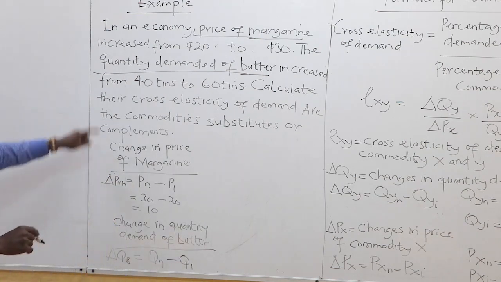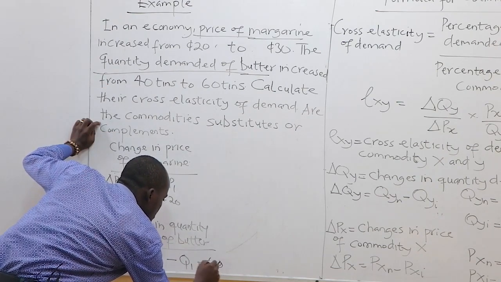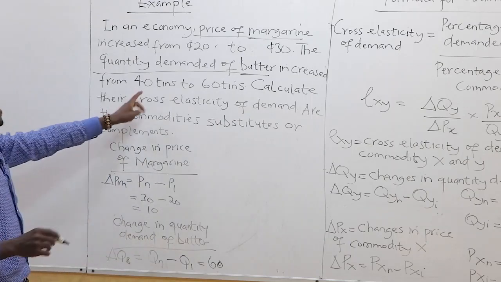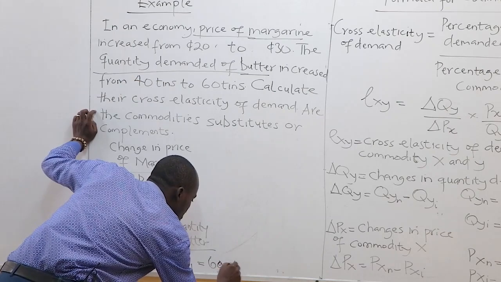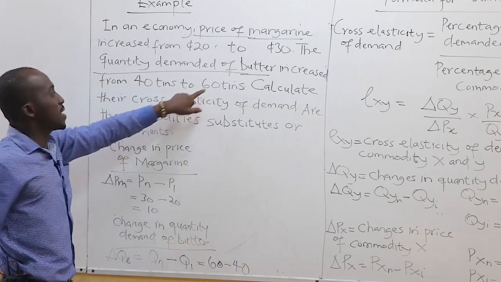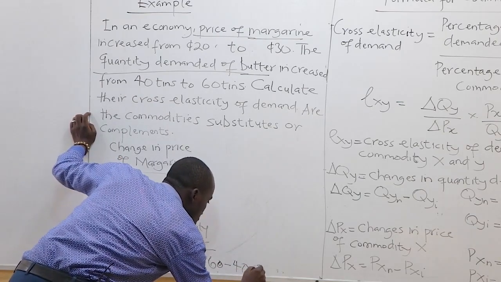What's the new quantity? The new quantity is 60, from 40 to 60, and the initial one is 40.